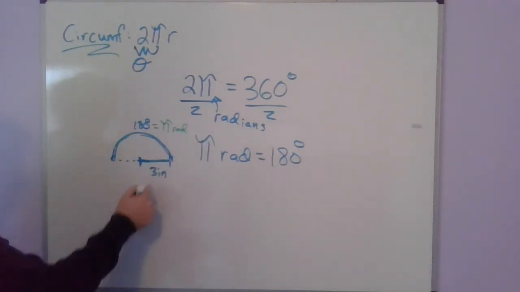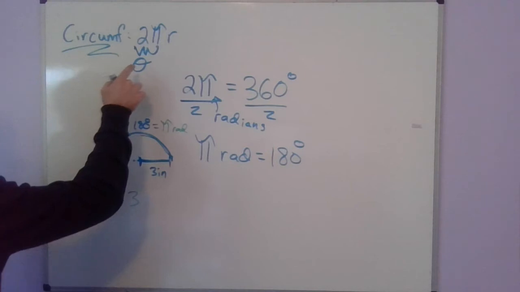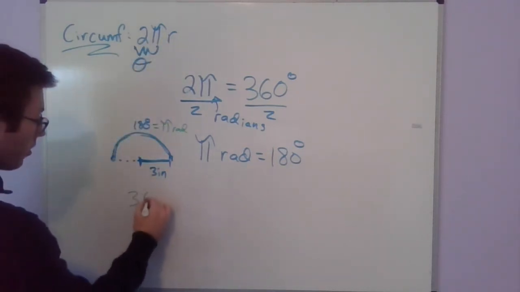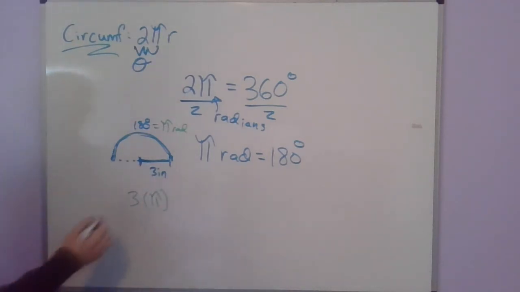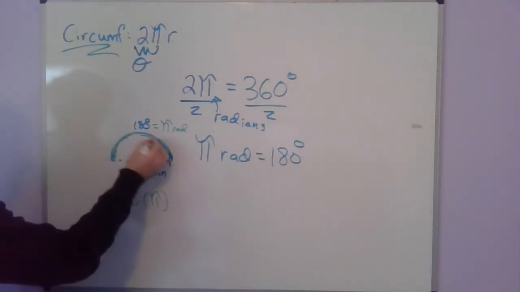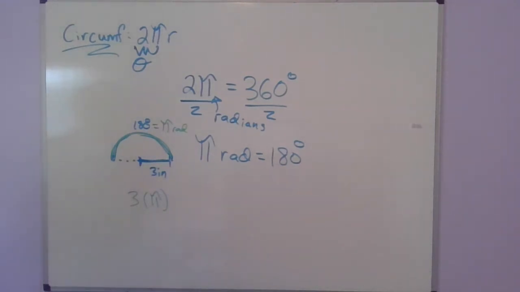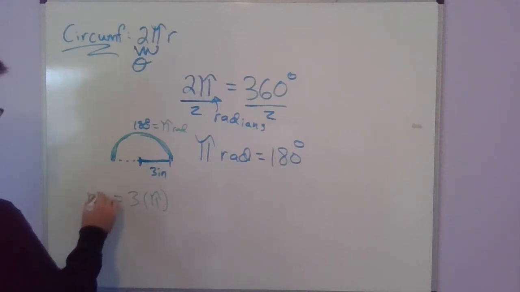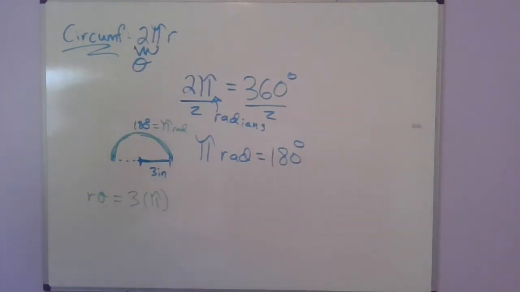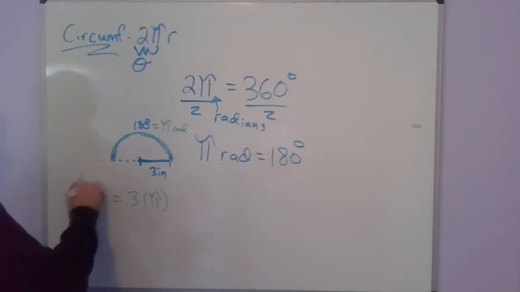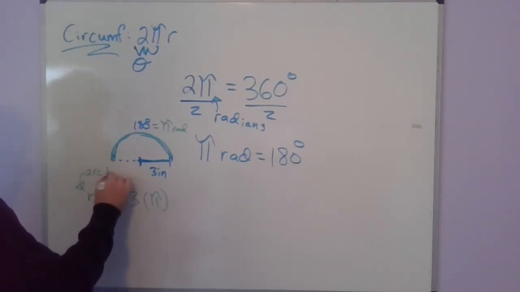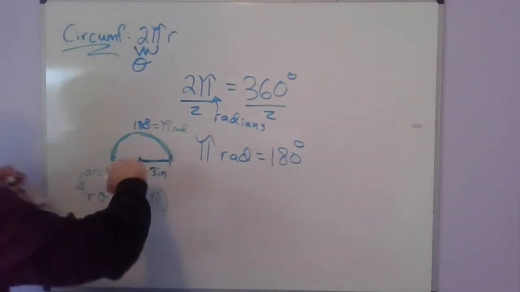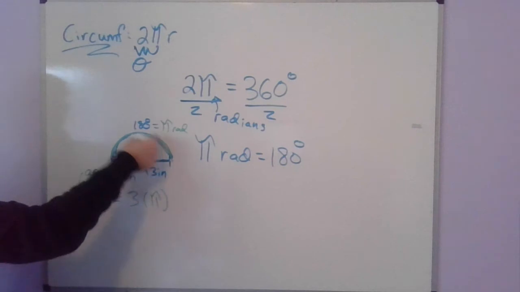So it would be r times theta, or theta times r, so 3 times pi would be the measurement from here to here. So it's just r times theta. That's the equation for arc length. We measure that distance with a curve going out; it would be the radius times whatever that angle is.